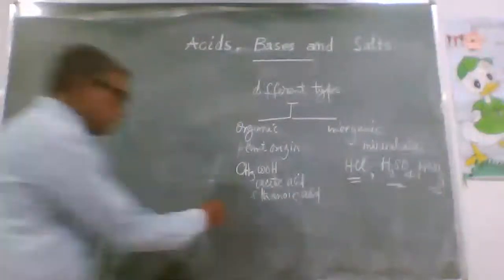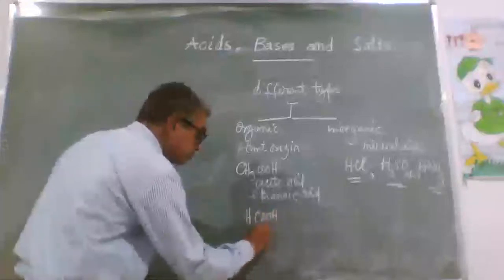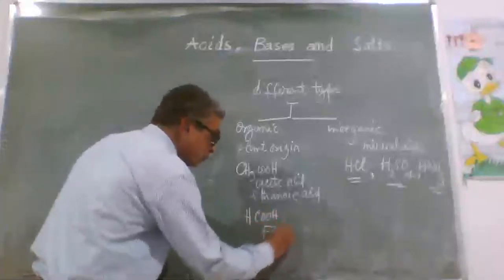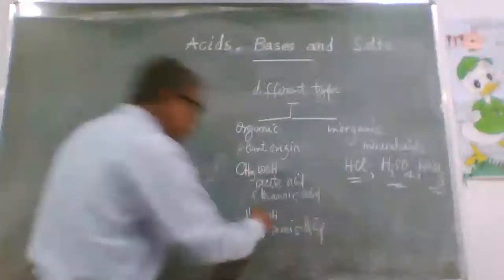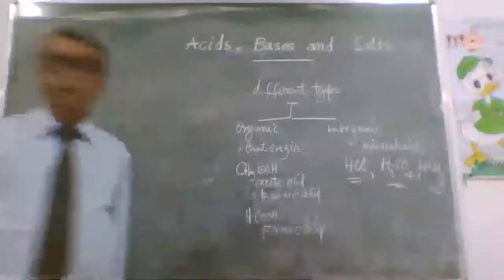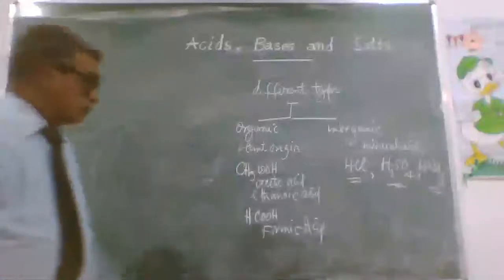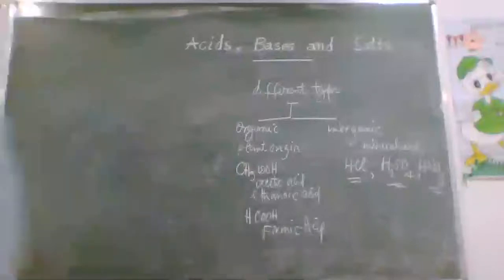Another is HCOOH. This is called formic acid, also called methanoic acid. We can learn that later. So acetic acid, formic acid.